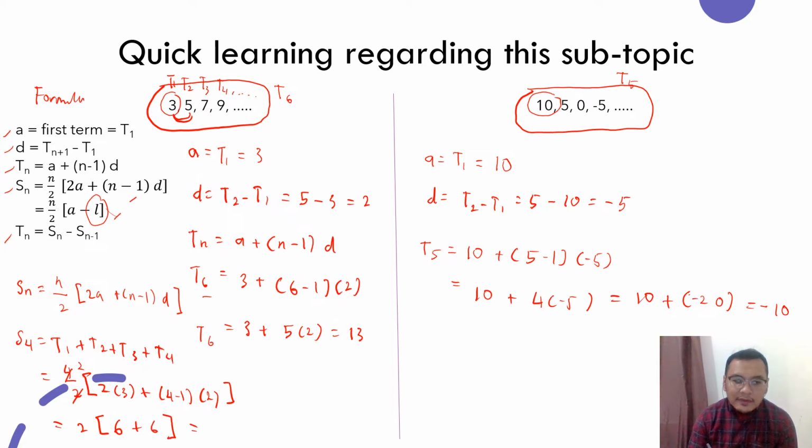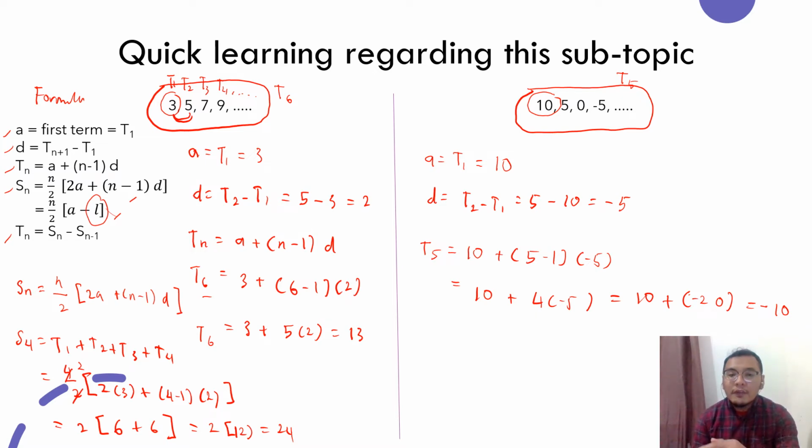So 6 plus 6 is 12, and 12 times 2 we get 24. So the summation for the first 4 terms is 24, which means T1 plus T2 plus T3 plus T4.